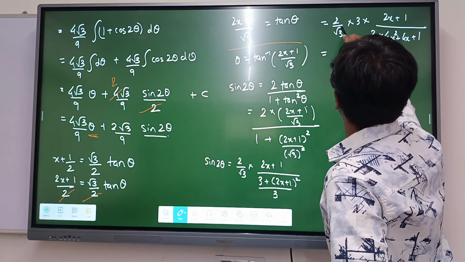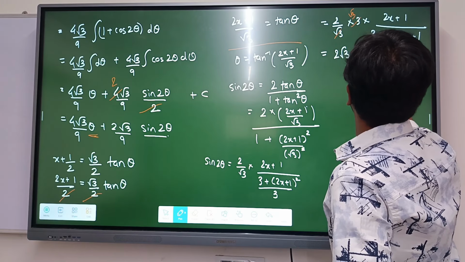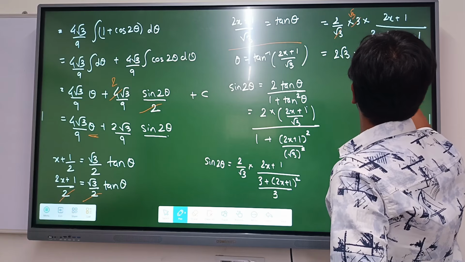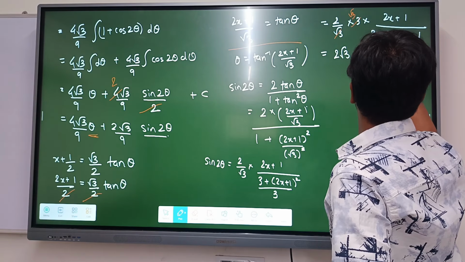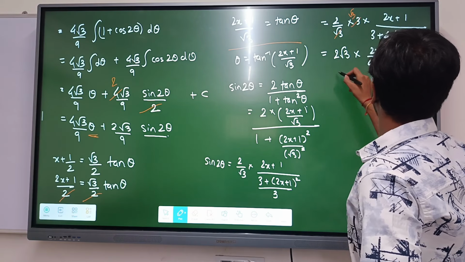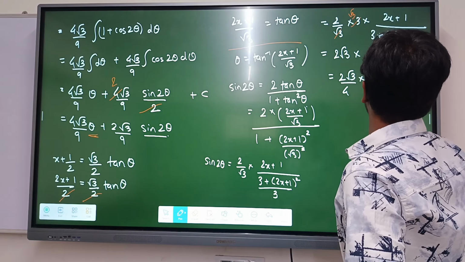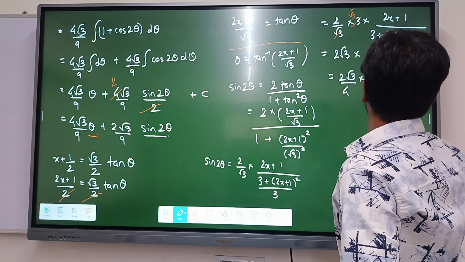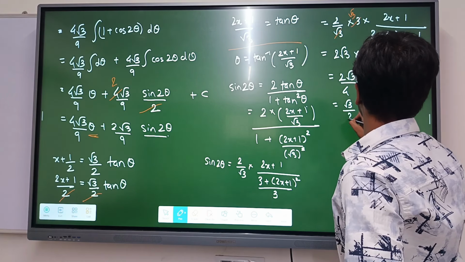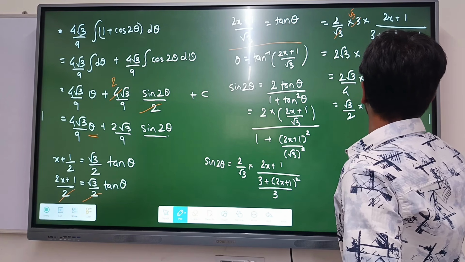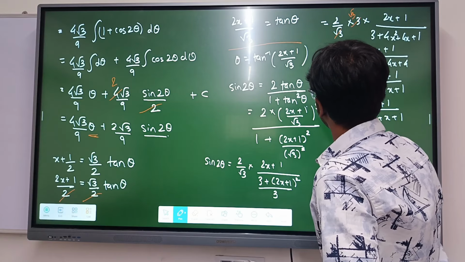So this becomes 2 root 3 into (2x plus 1) divided by (3 plus 1, 4), 4x square plus 4x plus 4. If I take 4 common, what will I get? 2 root 3 by 4 into (2x plus 1) divided by (x square plus x plus 1). So it will be equal to root 3 by 2 into (2x plus 1) divided by (x square plus x plus 1). This is the value of sin 2 theta.